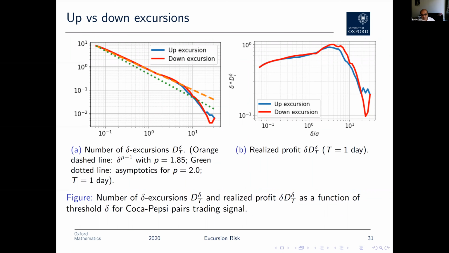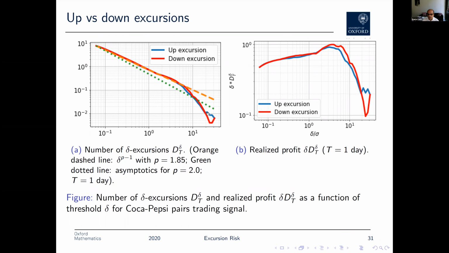So here is just one example. It could be different; there's no reason for up excursions and down excursions to be similar. They could be different, but it turns out that for these examples, they're not. So this is the example for the Coca-Pepsi pairs trading signal.